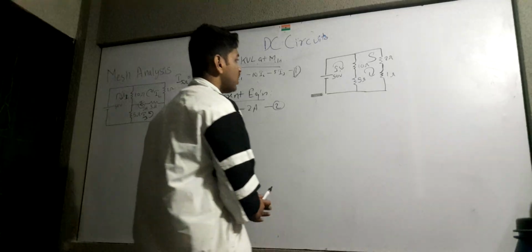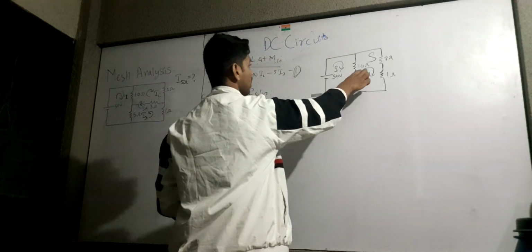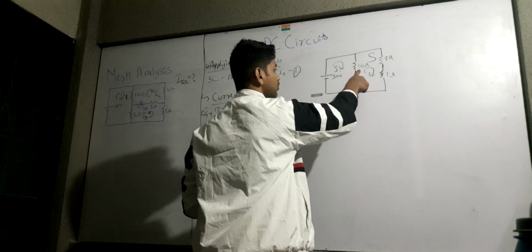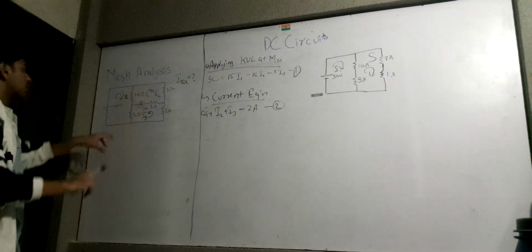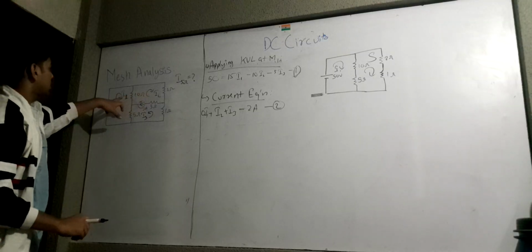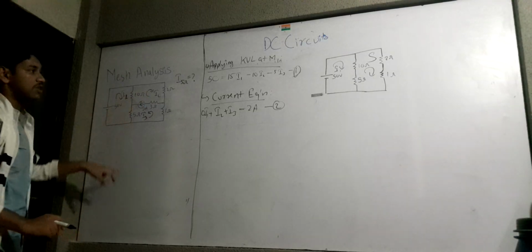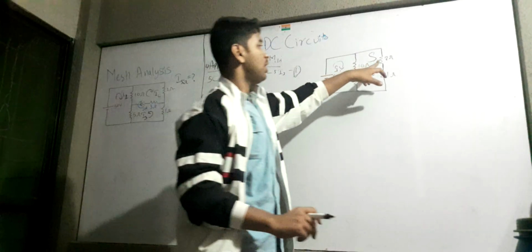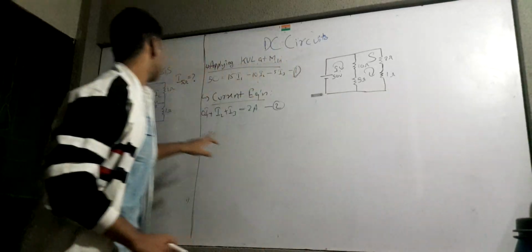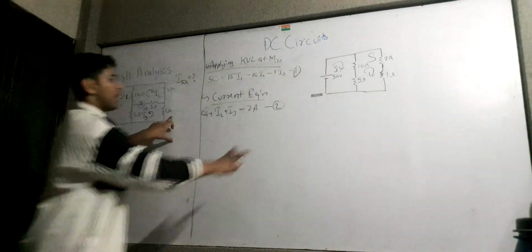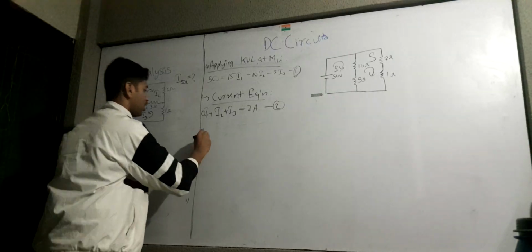So when we solve this mesh, we have to see what current is being shared in the 10 ohms resistance in the original circuit. That would be I2 minus I1, and in 2 ohms that would be only I2. In 1 ohm that would be only I3, and in 5 ohms that would be I3 minus I1.